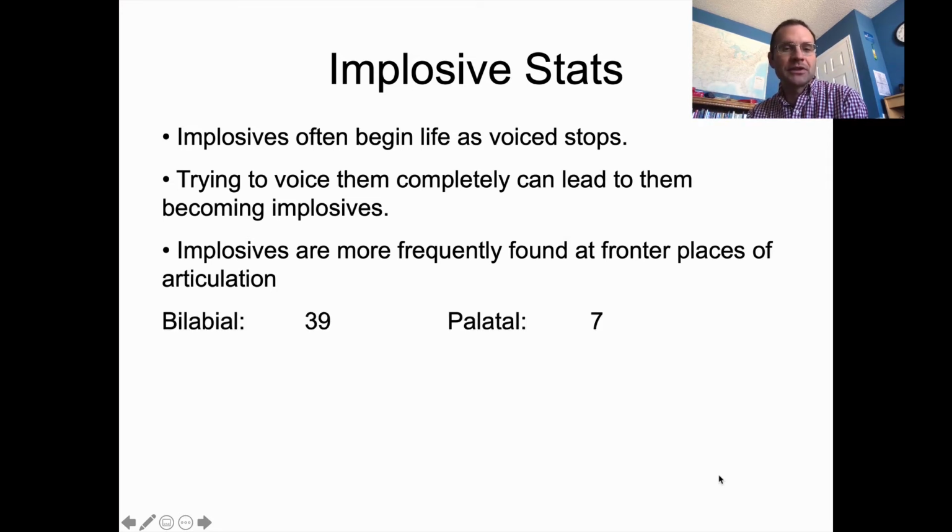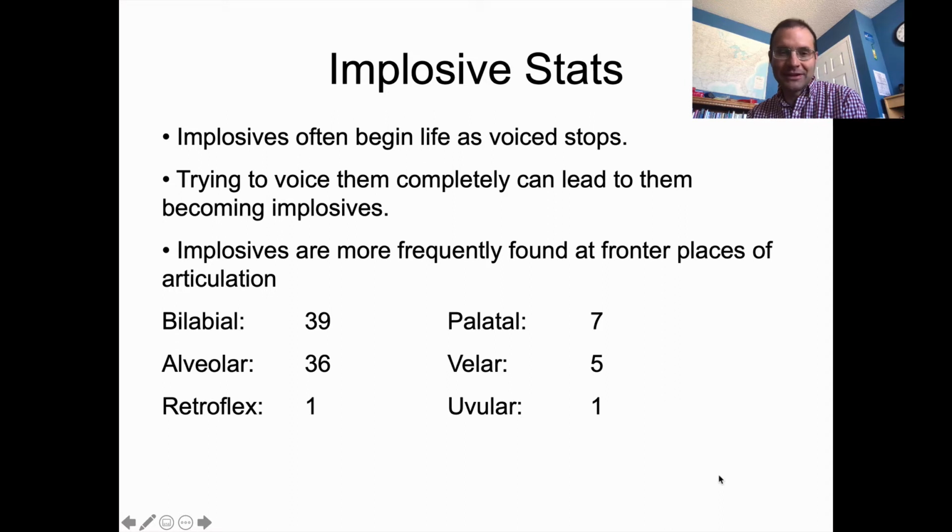So implosives are more frequently found at fronter places of articulation, and basically this is maybe one legitimate reason why this is occurring, because we talked about how it's harder to voice these stops at backer places of articulation. Languages just kind of avoid having voiced velar stops to begin with.